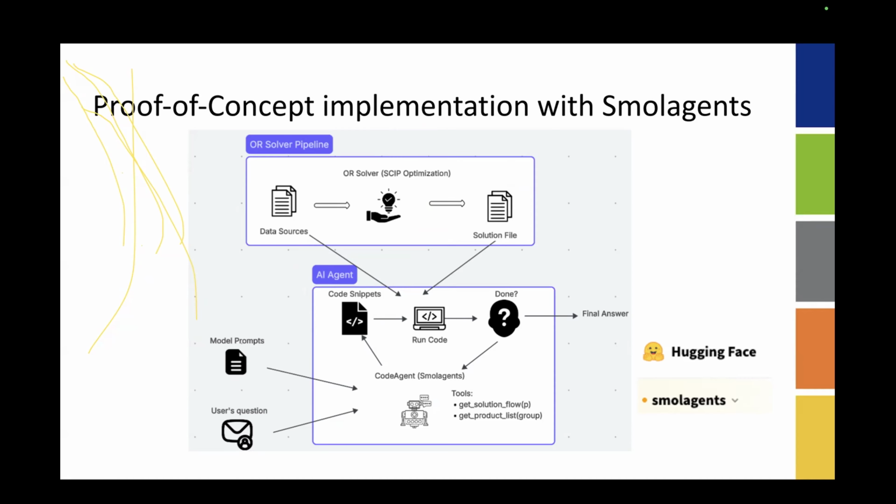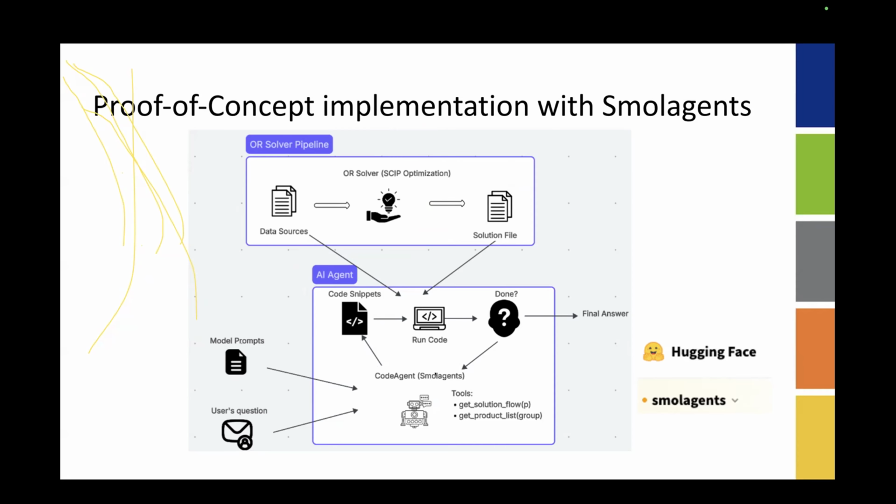Here, differently from what Dhanashree presented, I'm using a different framework built by the Hugging Face company. It's a package called smolagents, and what's special about this framework is that it's very powerful in writing a so-called code agent.